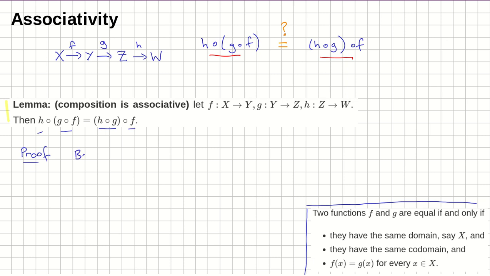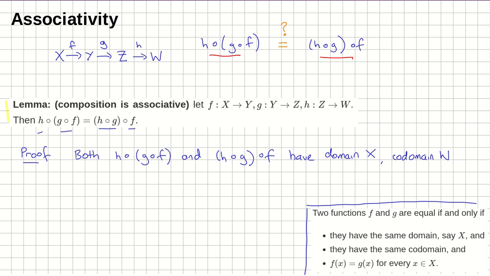So both h composed with g composed with f and h composed with g composed with f have domain X and codomain W. So the first two parts of the definition of function equality are satisfied. What we need to do is check whether they have the same output for every input in their common domain X.